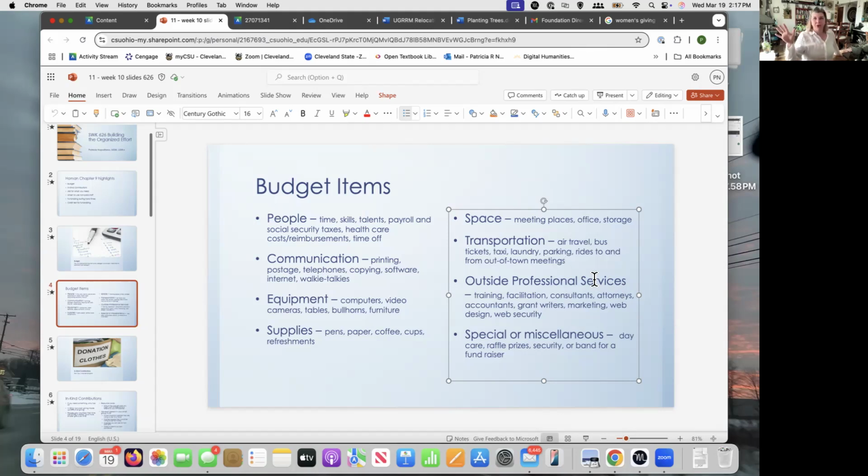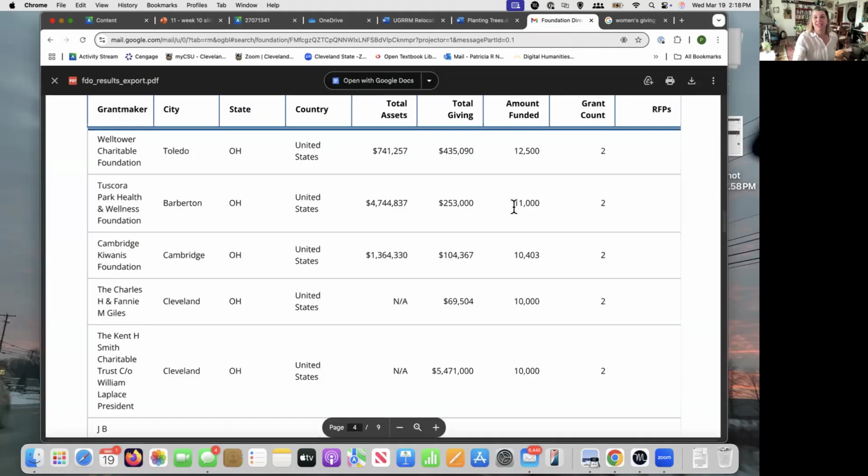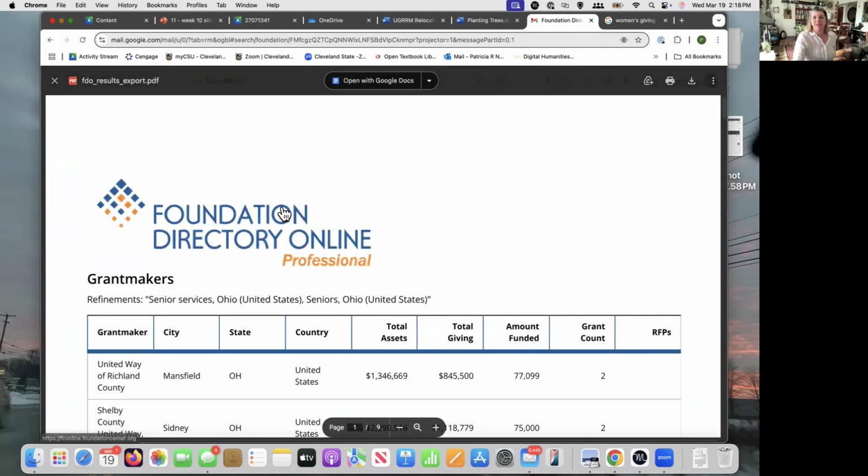Planning ahead for all of these things, we want to think ahead of all of the costs that we may have, because maybe we run into somebody in our foundation directory list. Right now, I have this for Senior Services Ohio, seniors in the United States in Ohio.